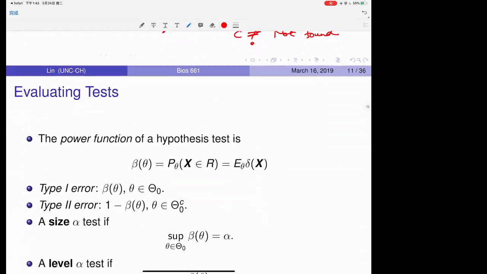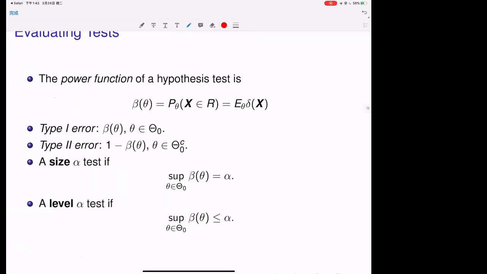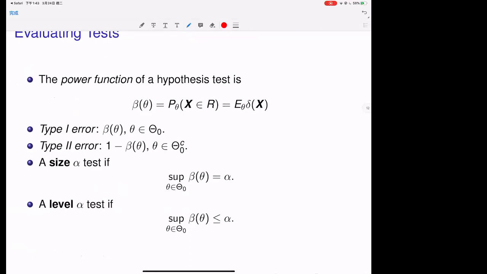Then on Thursday we are talking about testing. It's much the same thing as with an estimator. If I have estimator A and estimator B, then you should know how to compare estimators, right? Compare MSE, mean square error, or compare variance.